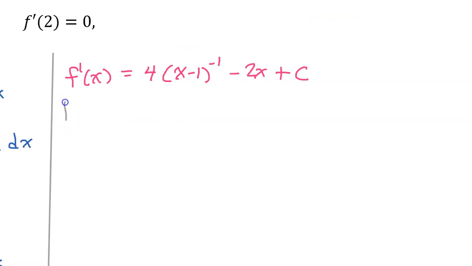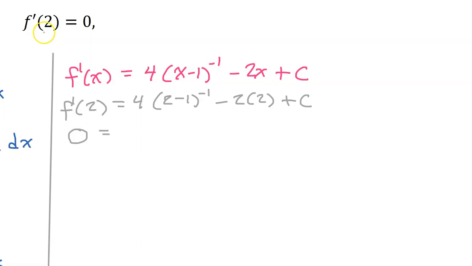Let's start by setting up f prime at 2. F prime at 2 will be 4 times 2 minus 1 to the negative 1 power minus 2 times 2 plus c. Since we know that f prime at 2 equals 0, we can substitute 0 for f prime at 2. Let's simplify on the right-hand side.